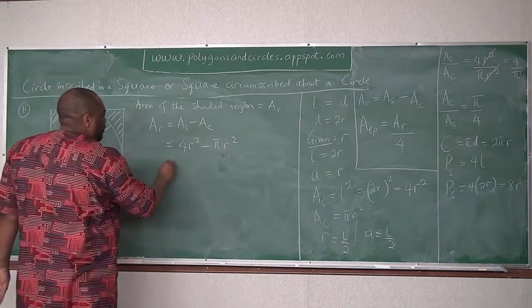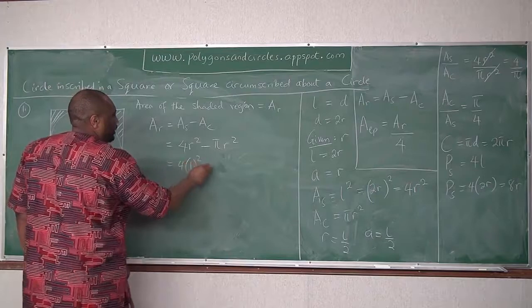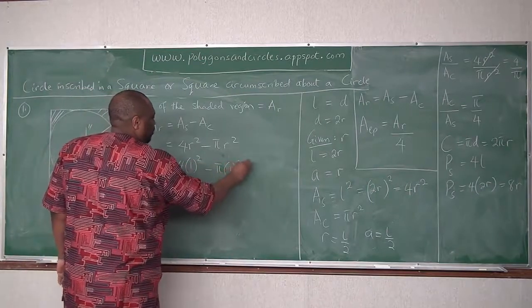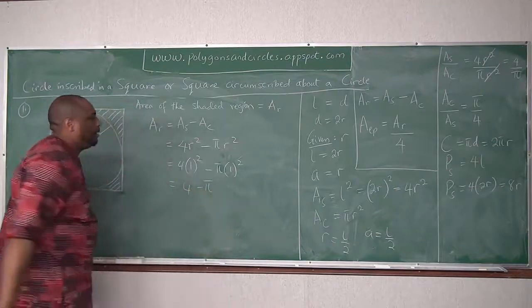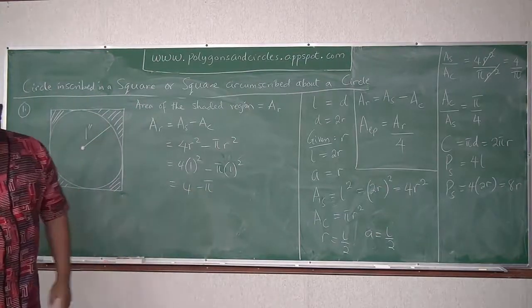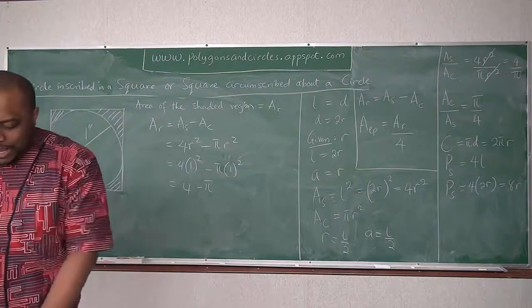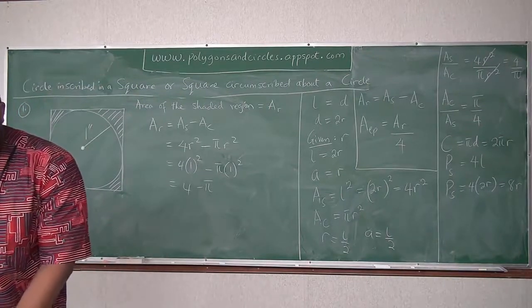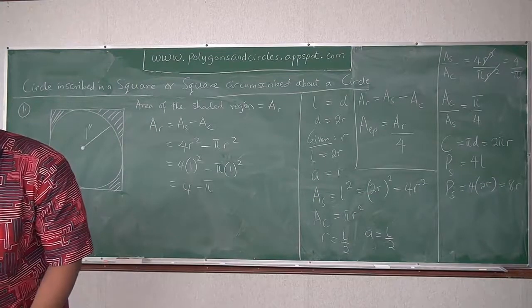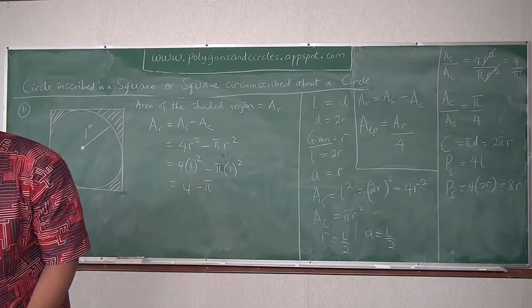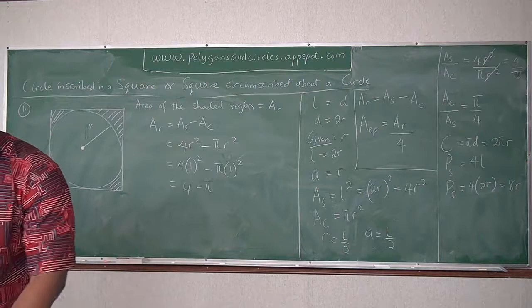So this is 4 times 1 squared minus pi times 1 squared, which is 4 minus pi. As easy as that. Is it not easy? 4 minus pi, and that is C.